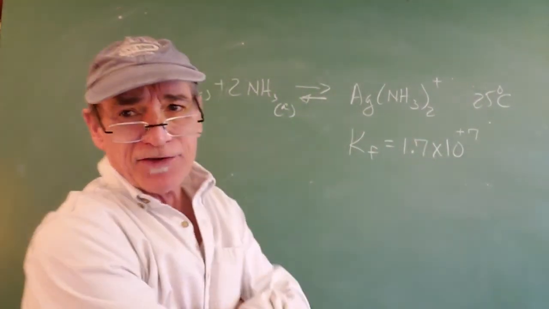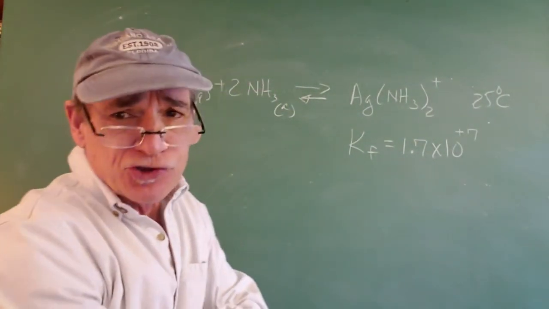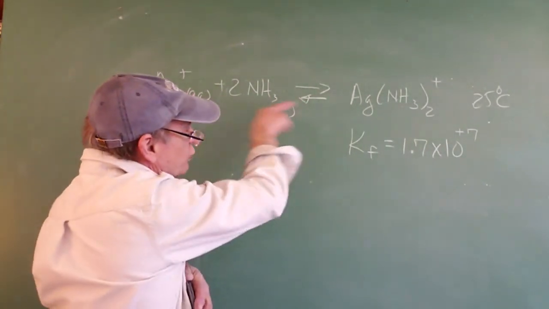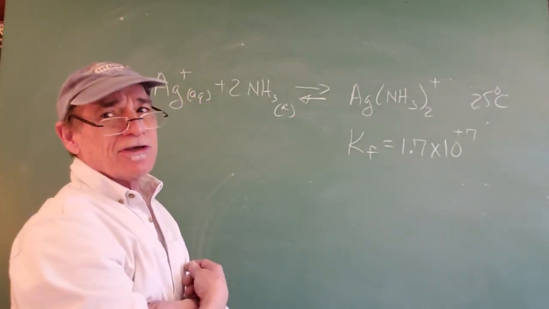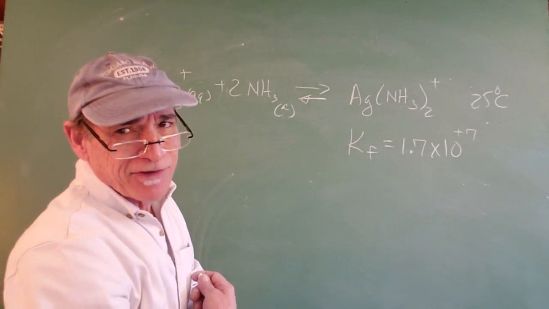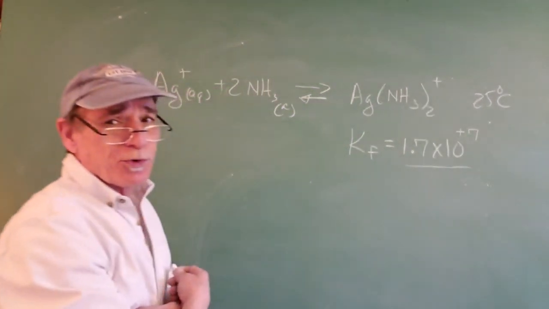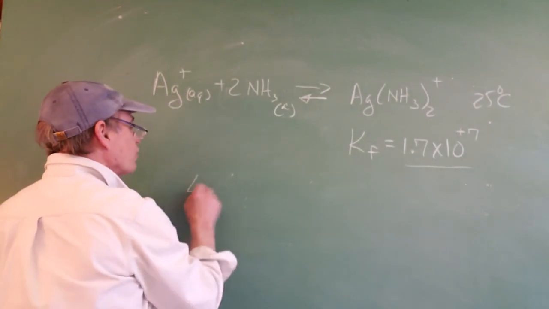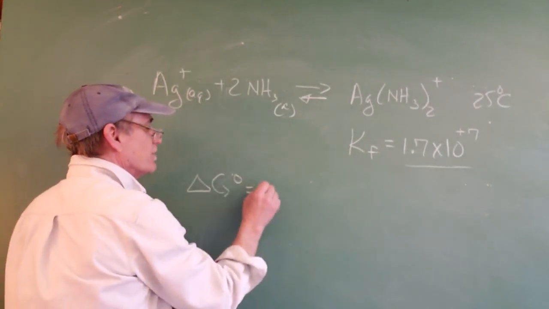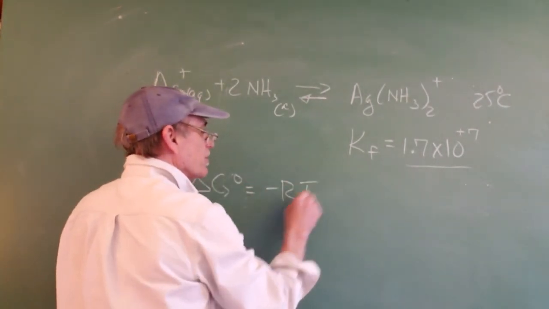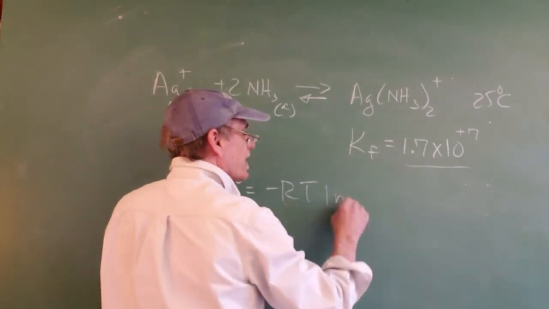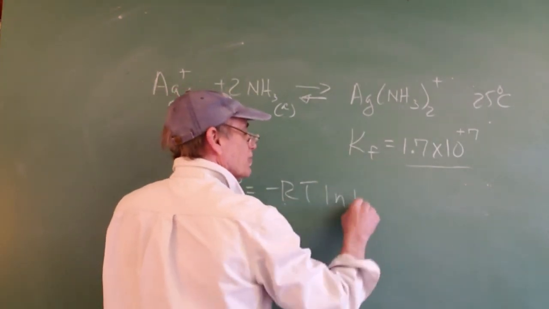Given that equilibrium constant, could we calculate the delta G naught for this reaction going forward, the Gibbs free energy? I'd anticipate a pretty negative value because this looks like it likes to go forward toward products. In this case, we're looking for the delta G naught. All we need to do is plug in R, the temperature, and the natural log of that formation constant.